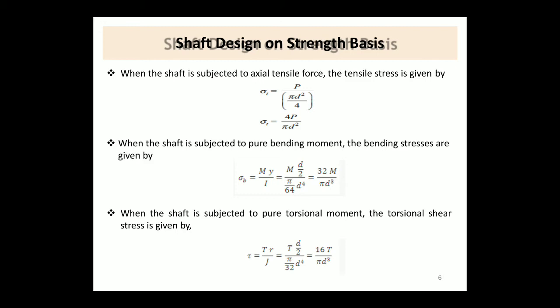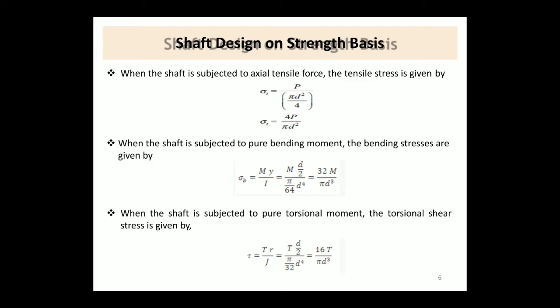The area is pi by 4 d square, where d is the diameter of the shaft. So the equation becomes sigma equal to P by pi by 4 d square. The final equation of tensile stress is sigma T equal to 4P upon pi d square. Using this equation we can find the tensile stress.